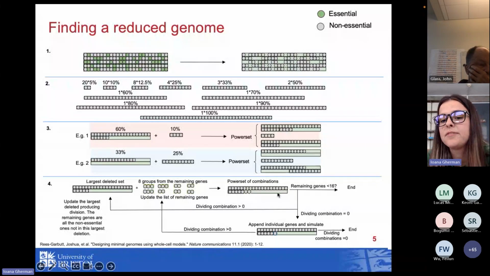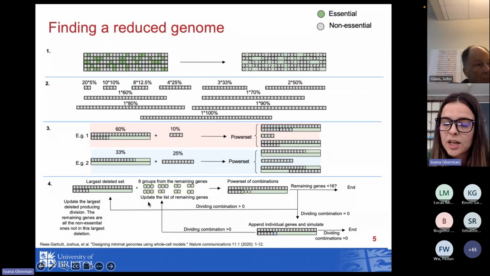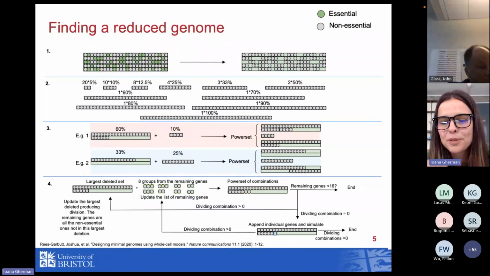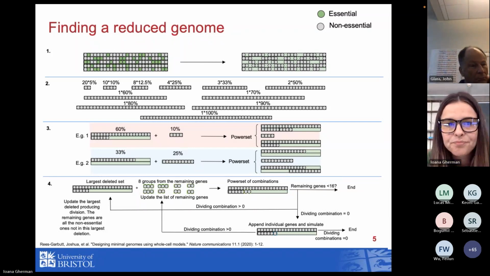If none of them divide, it means basically that these segments that we're appending are too big, so we need to append fewer genes. So we just append 1 gene at a time, and based on the results, we update this list of remaining genes. I can explain this in more detail separately if you want, but it's basically a loop that keeps going until we have less than 16 remaining genes.